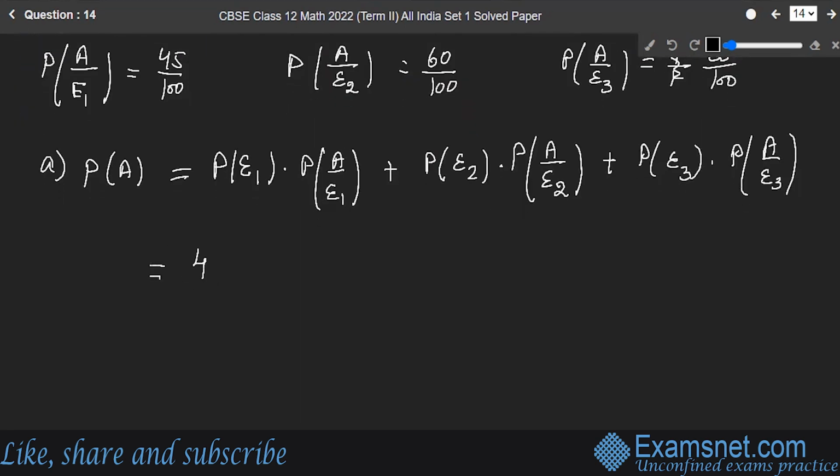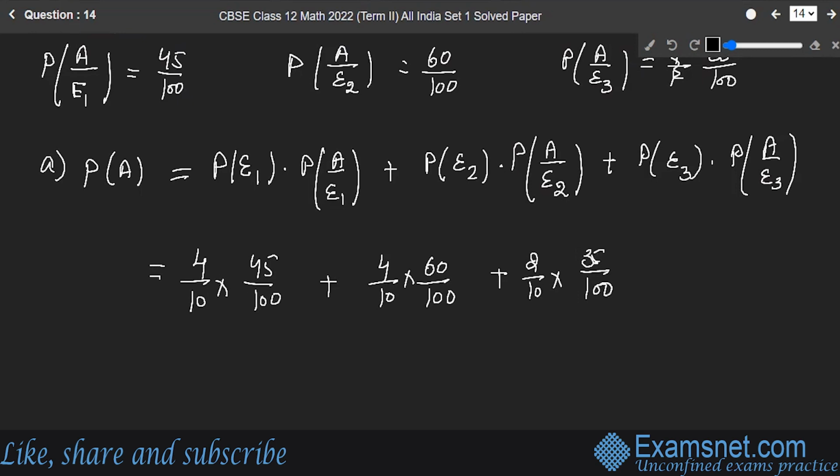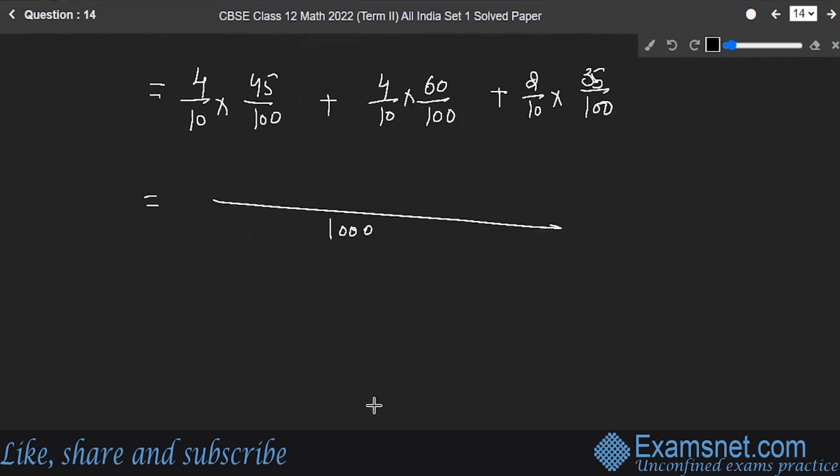So this is equal to 4 upon 10 into 45 upon 100, plus 4 upon 10 into 60 upon 100, plus 2 upon 10 into 35 upon 100. All have 1000 in the denominator, so I'll directly take the LCM as 1000.